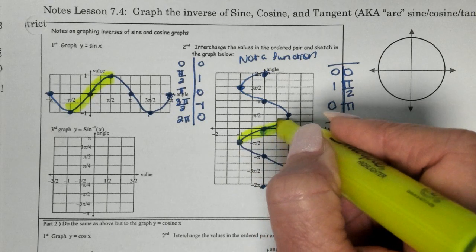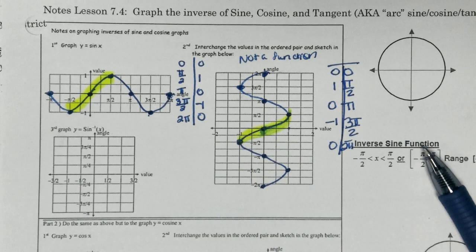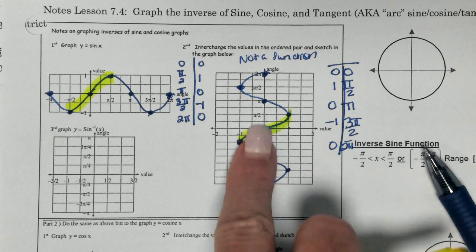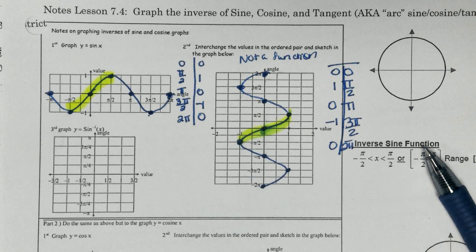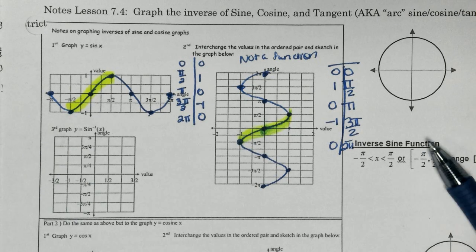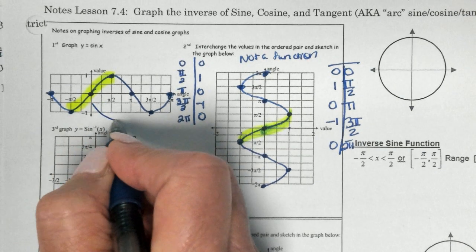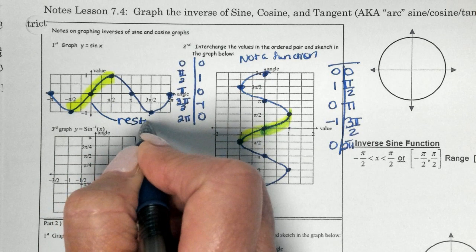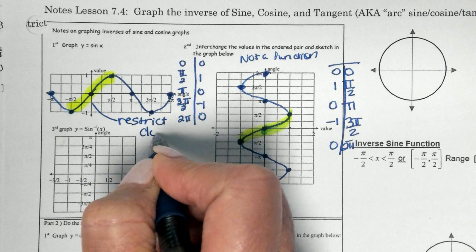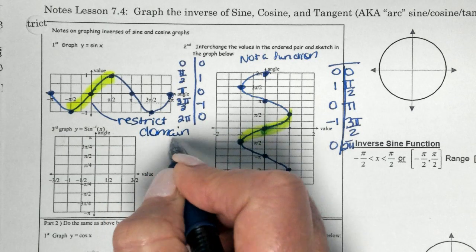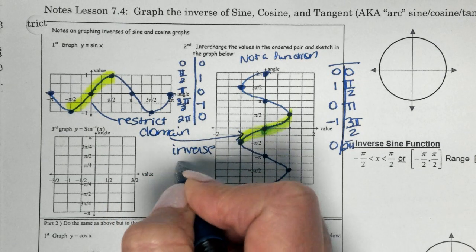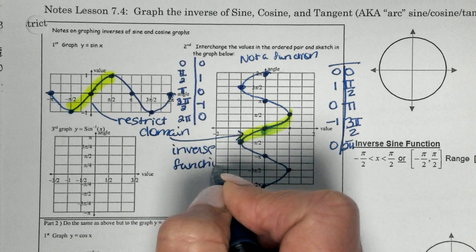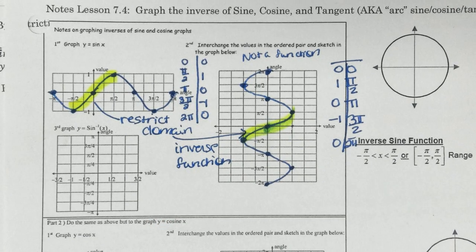So -π/2 to +π/2 would be our range right here. -1 to +1 would be our domain. So if we restrict the domain of our original function, then we have an inverse function. If we don't restrict it, we still have an inverse, but the inverse isn't a function.